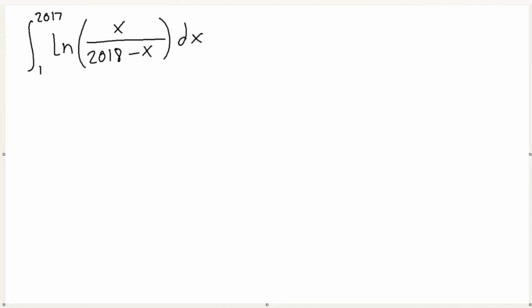So this one's from Harvard MIT Integration Bee. And can you see what is very suspicious about this? So, what do we do here? If we let u equal 2018 minus x, then we get what? 2017 is 1. 2018 minus 1 is 2017.